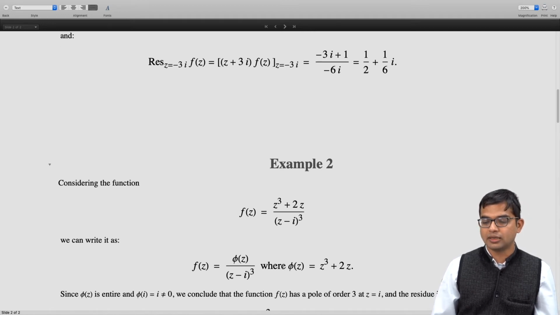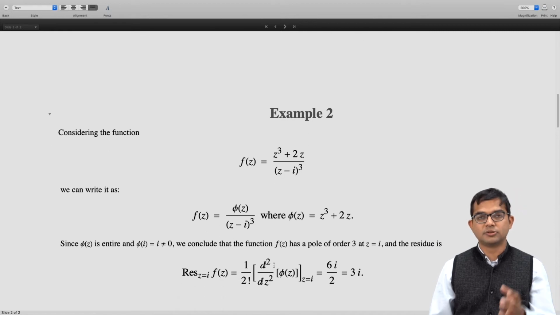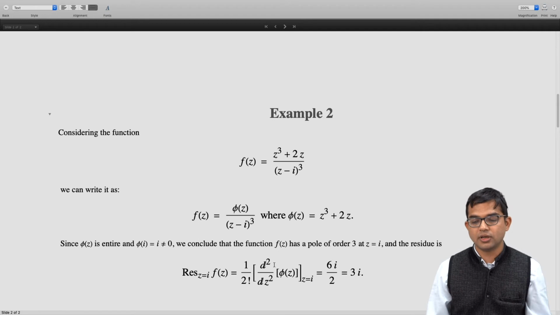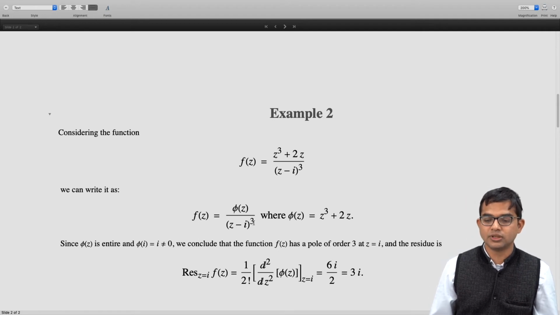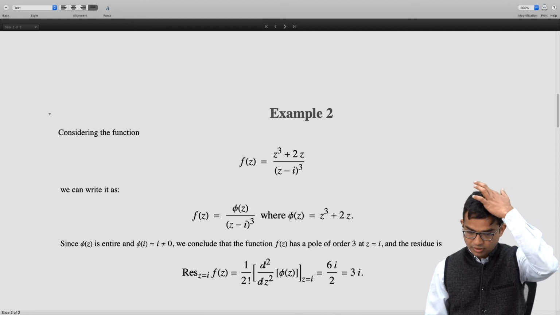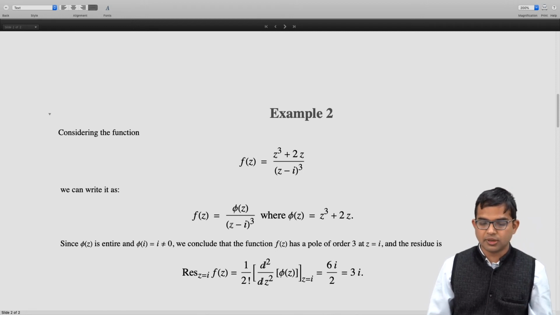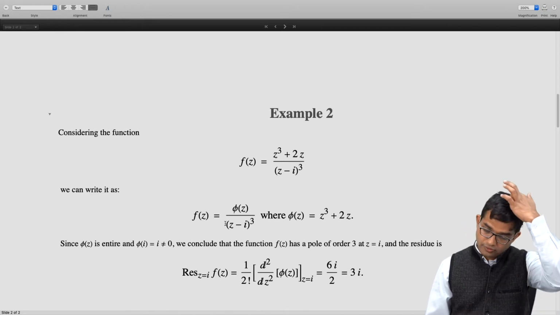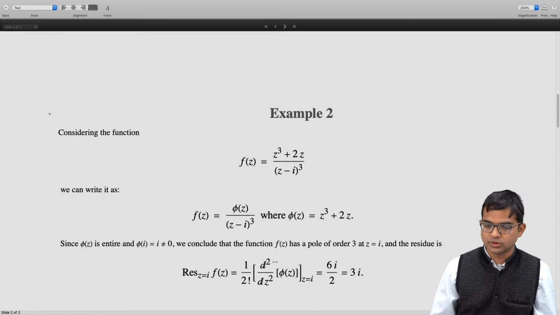So we conclude that indeed this function has a pole of order 3 at z equal to i, and the residue is given by the prescription we have. You have to take the second derivative of this numerator phi of z. Phi of z is of course obtained by multiplying f of z by z minus i the whole cubed. That's what you're supposed to do, which is to multiply by this factor, whose power is the order of the pole, which is already done, giving phi of z.